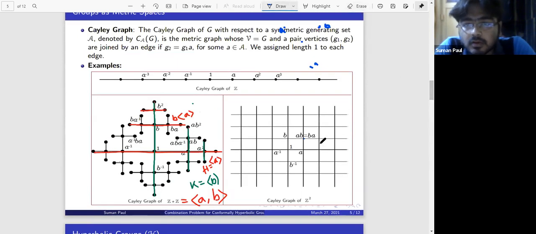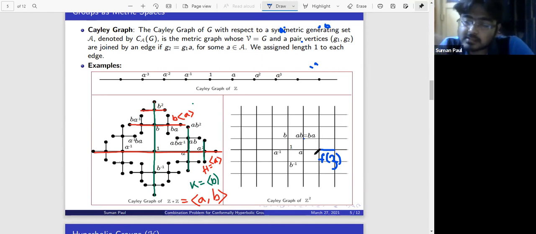This edge is two distance away from the identity, so we assign the length of this edge to be f_3, that is f_{n+1}.